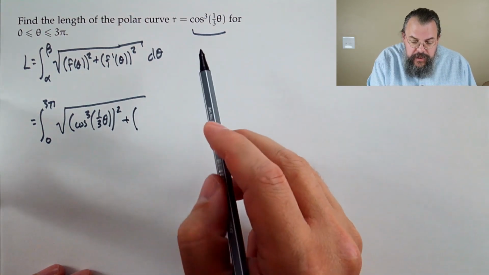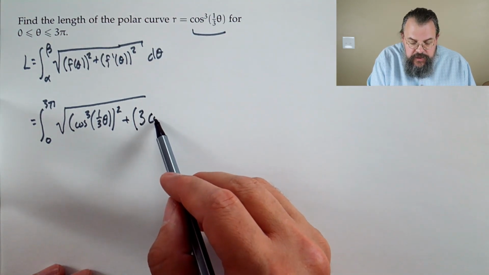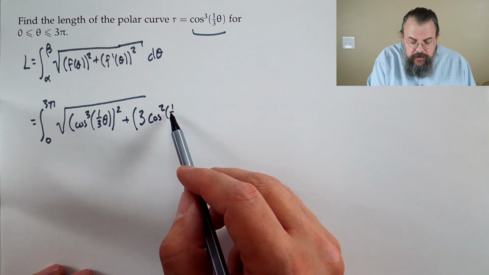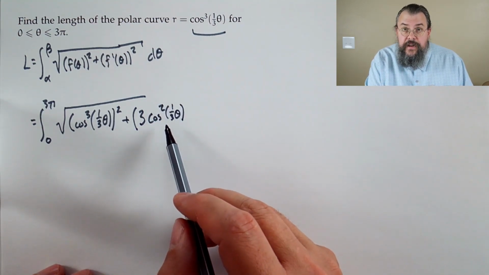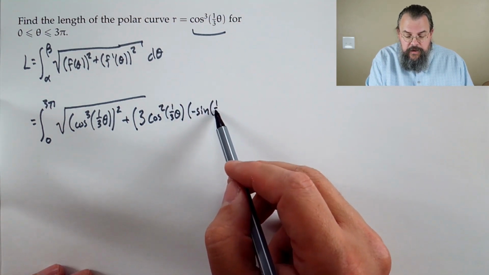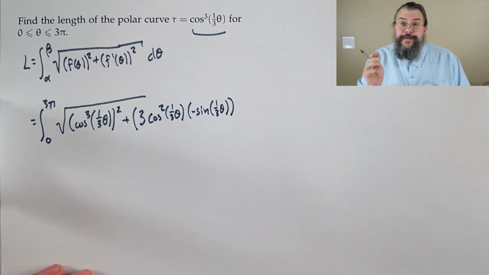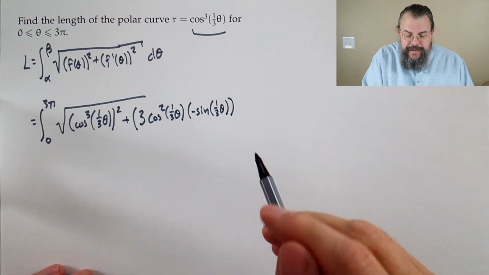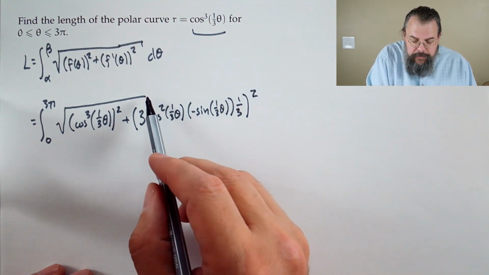The derivative. Now we got a chain rule here. So 3 comes down. Then it'll be cosine squared of 1/3 theta times the root of the inside. So that's the cosine. The root of cosine is negative sine of 1/3 theta. But our onion is not done yet. There's layers, right? There's the cube function, but there's also that factor of a third. So we have to times by the derivative of 1/3 theta, which gets us to 1/3 squared. My goodness.